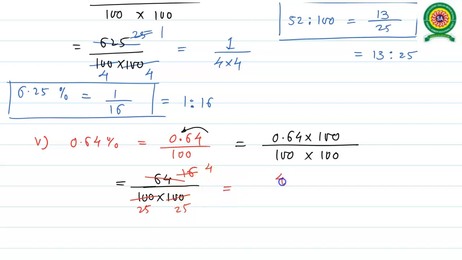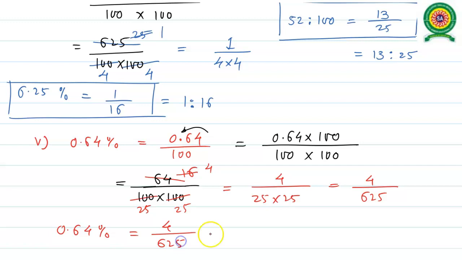So we remain with 4 in the numerator, and 25 into 25 in the denominator. After simplifying, we have 4 divided by 25 into 25, means 25 square, 625. So 0.64 percentage in terms of the reduced form of the ratio is 4 divided by 625, or you may write 4 is to 625.